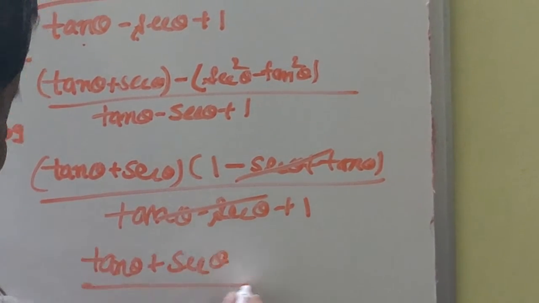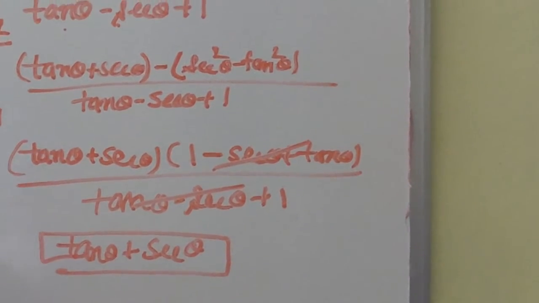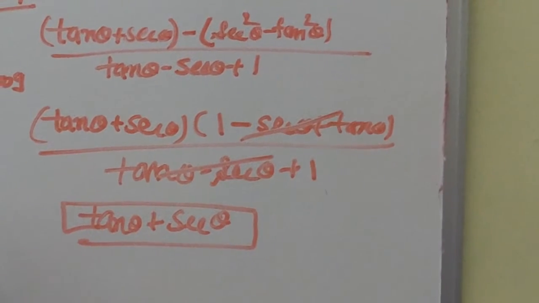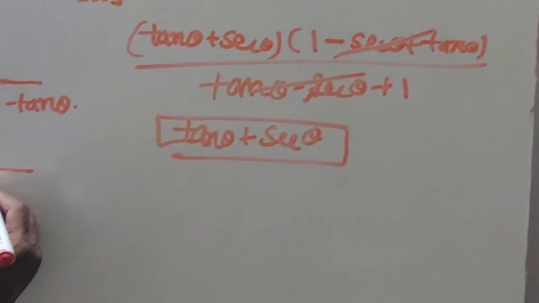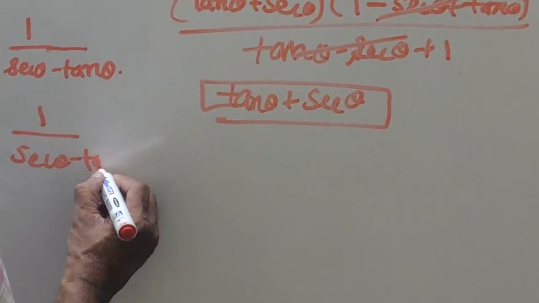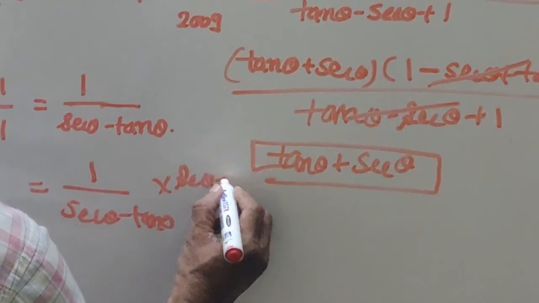But in the RHS, what is to be given? RHS is this one, so I can rationalize this. Now RHS can be solved by rationalizing the denominator. I multiply this by sec theta plus tan theta.